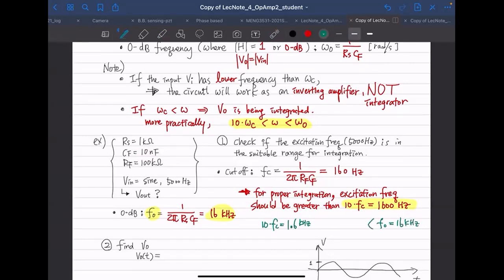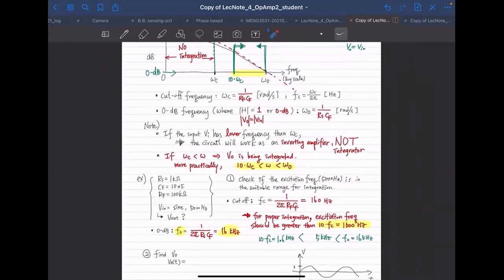And between those two, we had 5 kilohertz, which is our excitation frequency omega, right? So visually, this guy here is 1.6K. It's 10 times of omega C, right? And this guy is 16 kilohertz. And our excitation omega is about 5K in between somewhere.